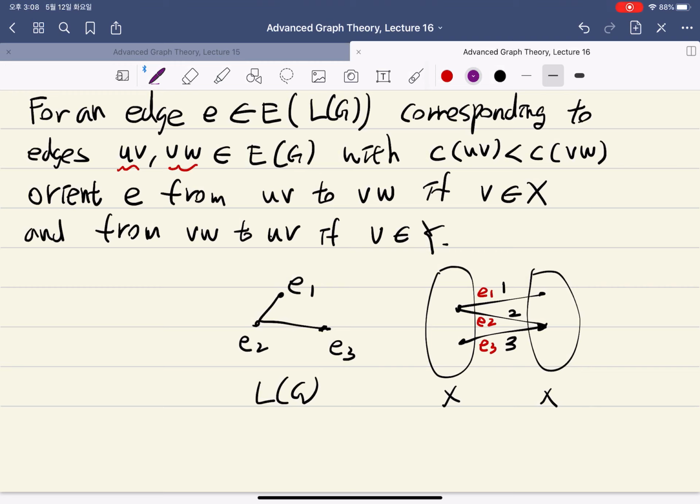Now we want to give an orientation of this line graph. So this E1 and E2 share a vertex B. So this is B, which is in X. And this number and this number, the second number is bigger. So this is E1, this is E2. Because the vertex they are sharing is in X, then we direct from E1 to E2. So we give this orientation.